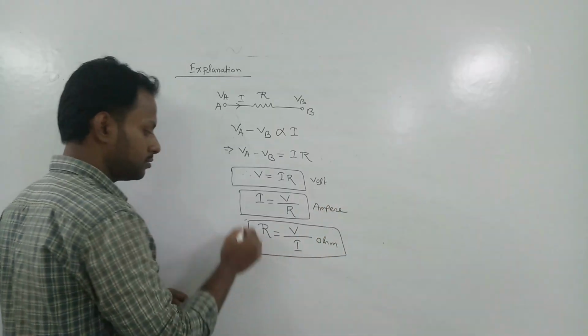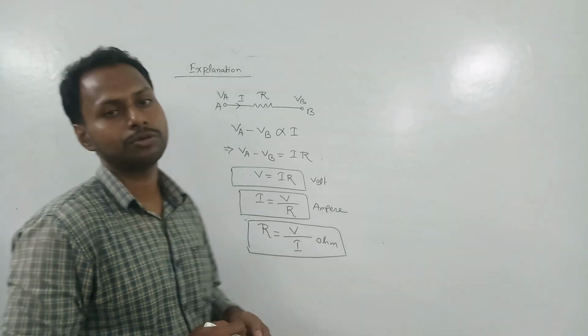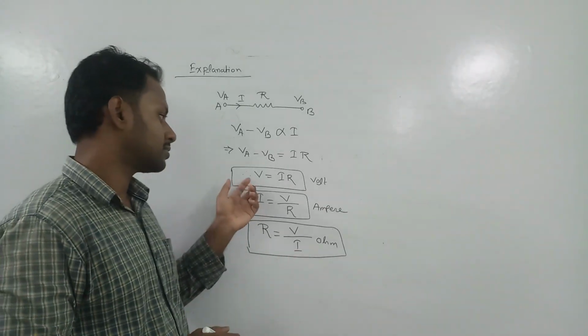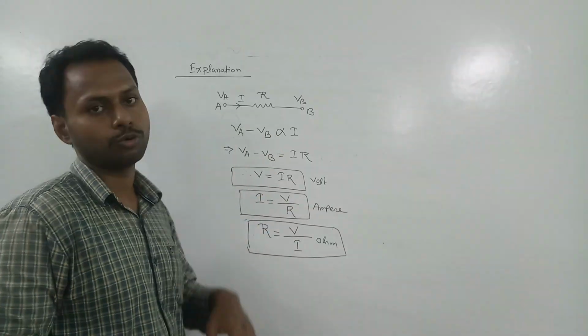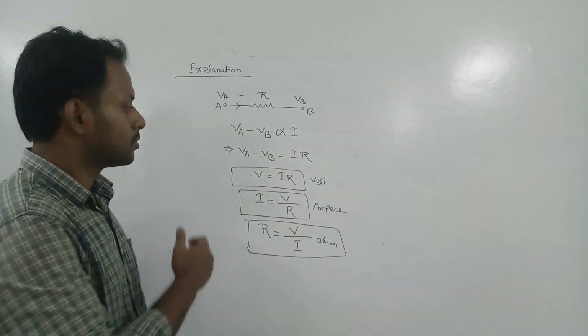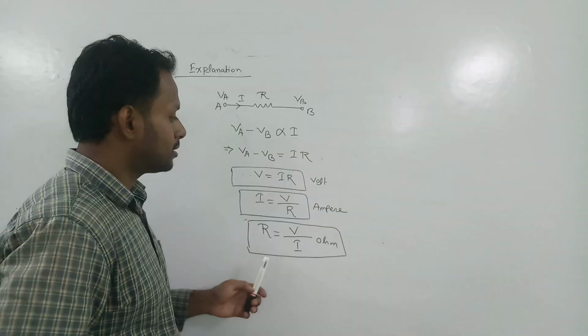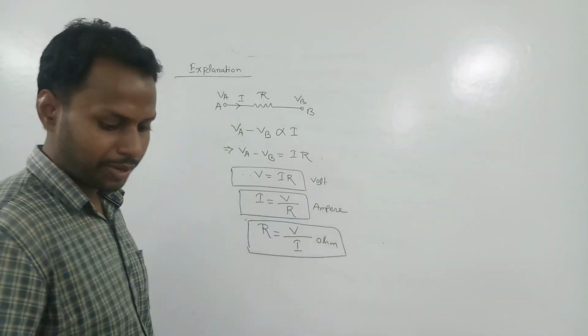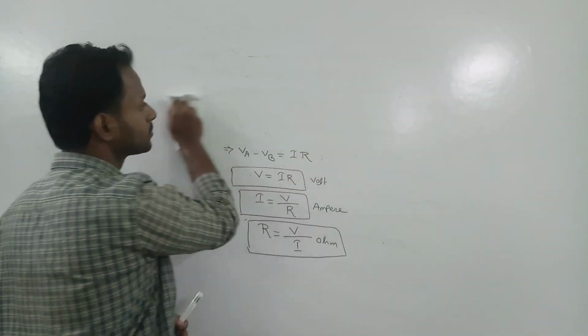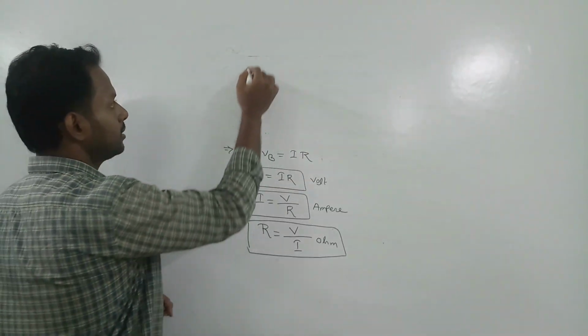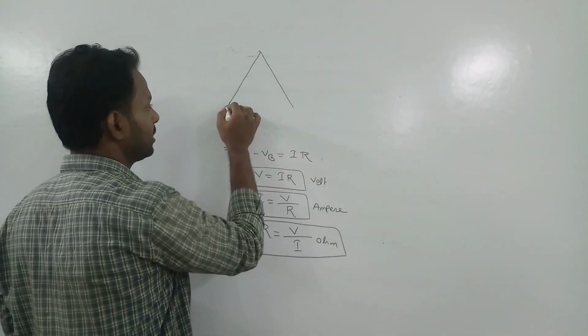Based on these three formulas, we can find the unknown parameter, suppose voltage, current or resistance, on the basis of quotient. Now we see the triangle of the resistance parameter. Here we draw a triangle.